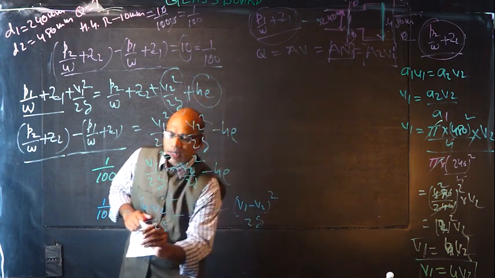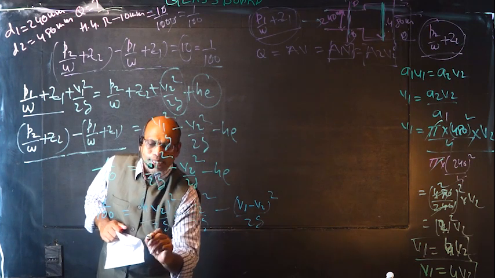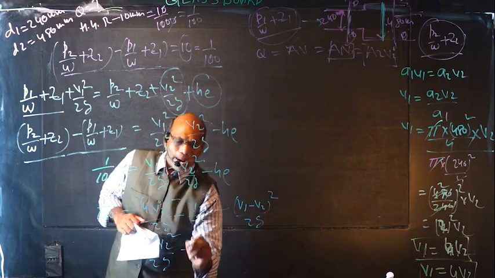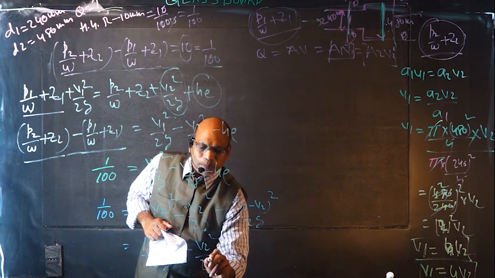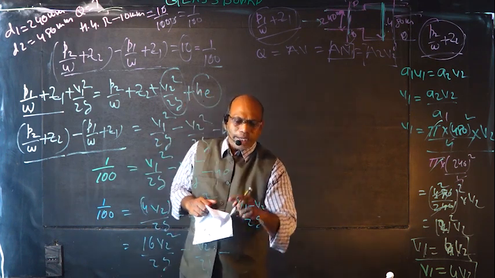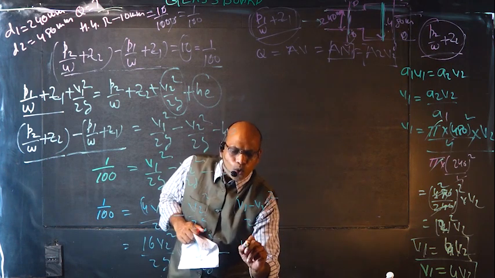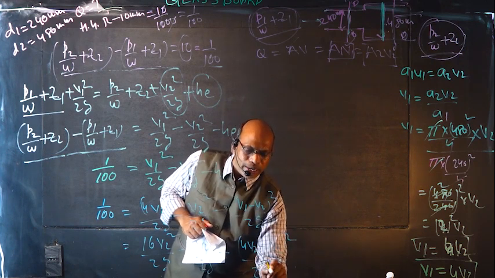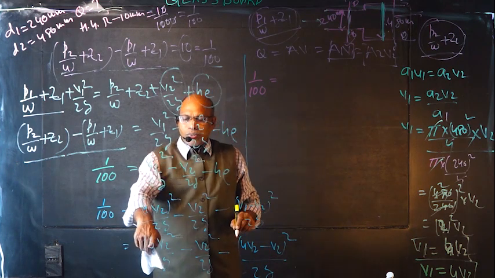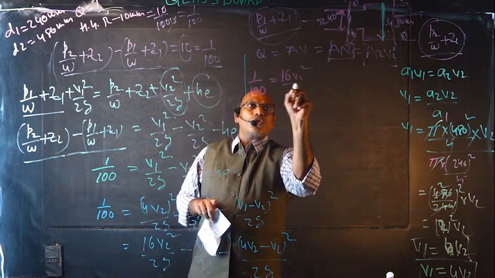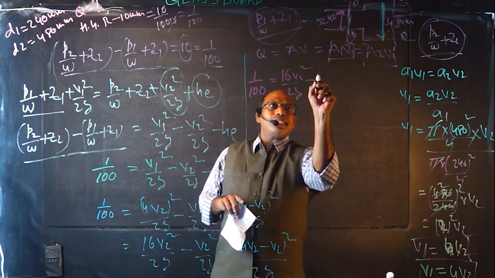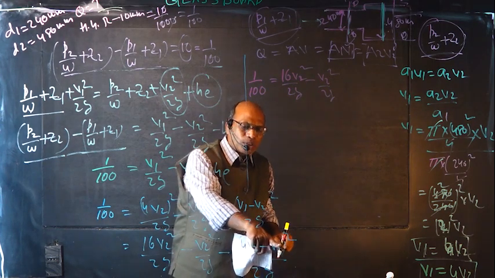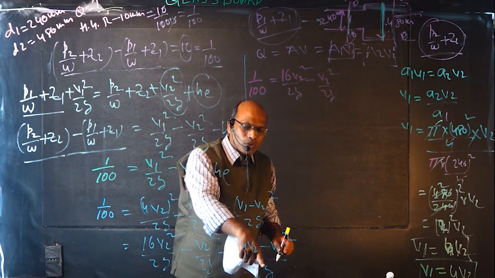Now in place of V1, we take 4V2. 1 by 100 is equal to 16 V2 square by 2G minus V2 square by 2G minus, 4V2 minus V2 is 3V2, 3 square, 9 V2 square by 2G.